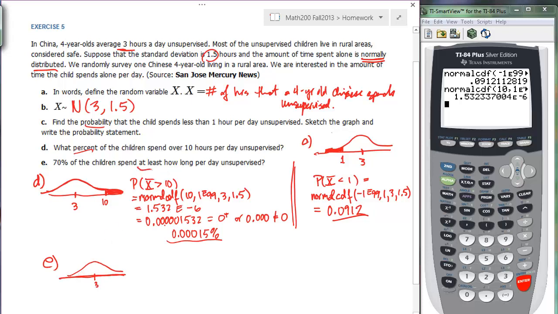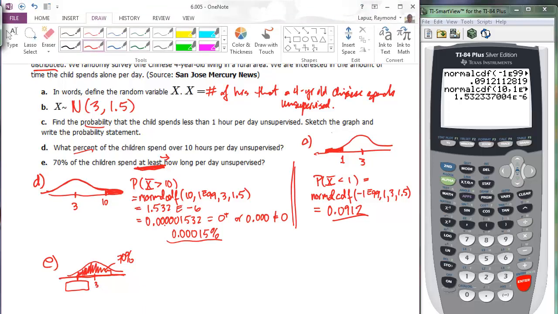Now this word at least often refers to being greater than or equal to. We might have seen this phrase in the binomial distribution. And so what we're looking for is this marker here, and 70% of the population would fall in this bigger than or equal to this number category.